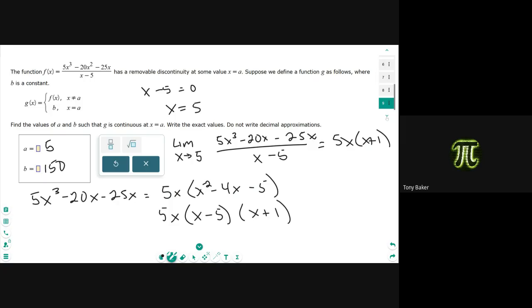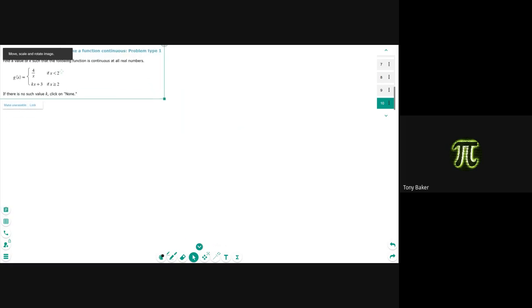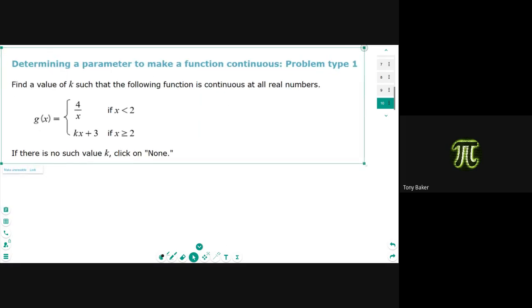All right, let's look at another different type of problem with discontinuity. So this problem gives you a piecewise function, gives you the x. And what it wants is for you to find the value so that it is continuous for all real numbers, so that there are no discontinuities.